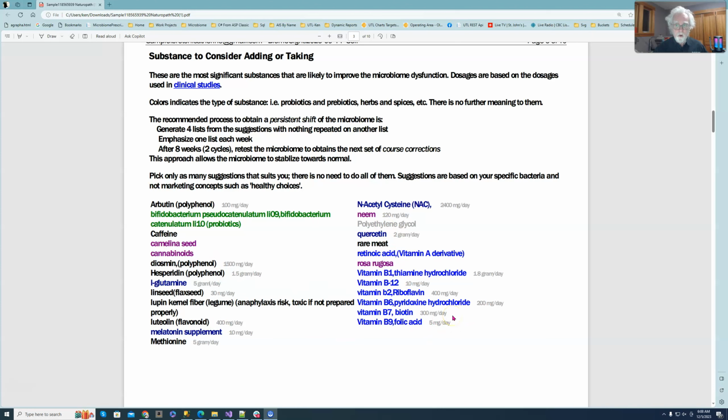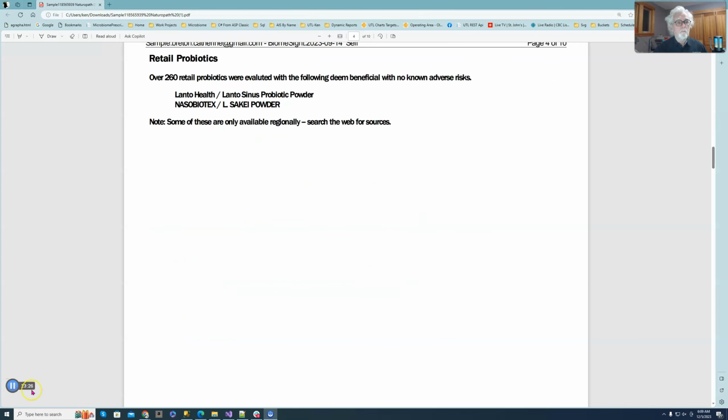Again, the dosages are coming from clinical studies, so they are relatively safe. And we then have retail probiotics, which are what are called high safety factors. And by high safety factors, it means that this particular strain has no known impact shifting bacteria the wrong way for any of the bacteria.